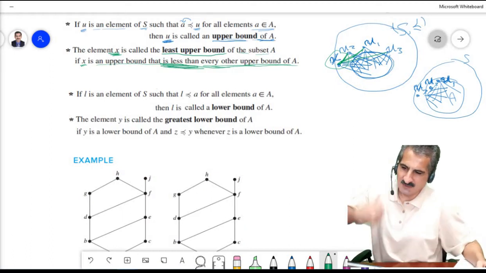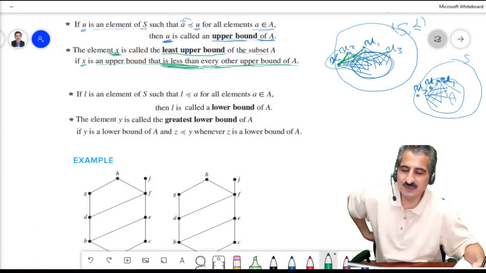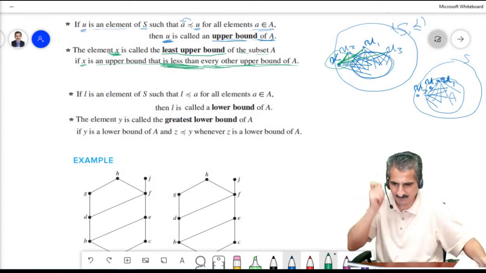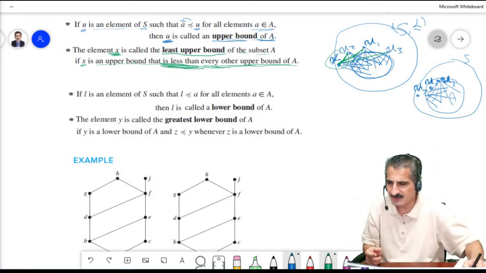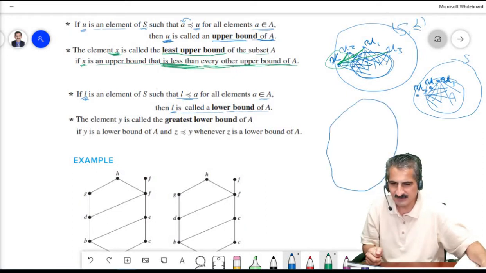Okay? Now, the same thing goes for lower bound. If I want to make a demonstration now, L is called a lower bound of A if L is smaller than any other element in A. So let me demonstrate that in this diagram here. So let's say this is S. Here, this is S now.